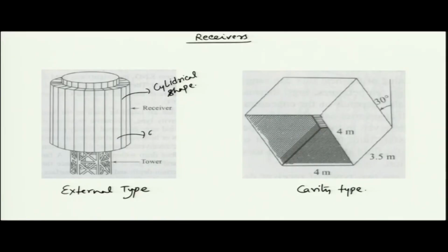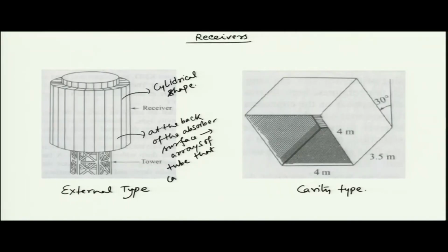So, at the back of the absorber surface we have arrays of tubes that carry the working fluid.